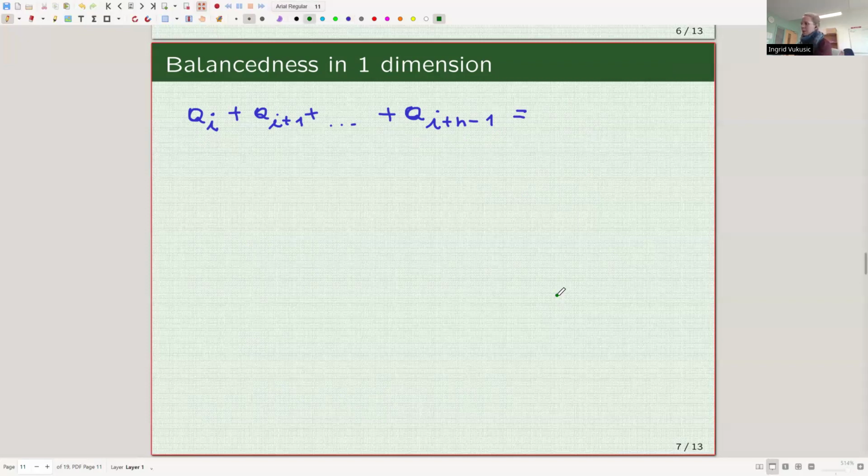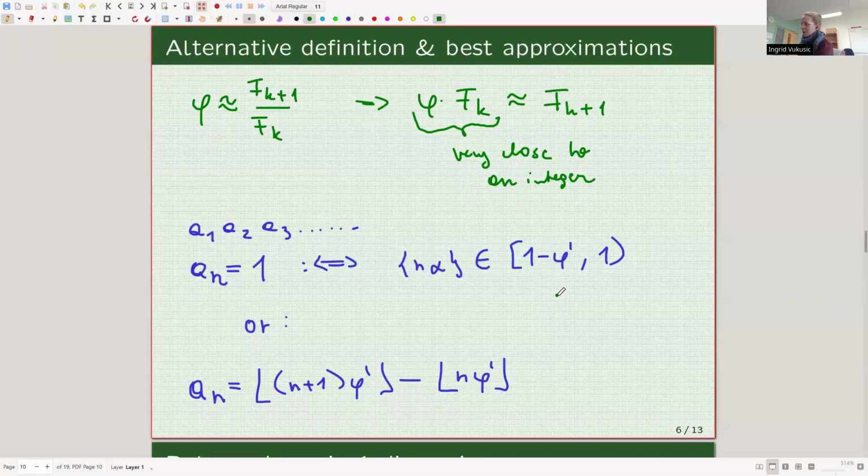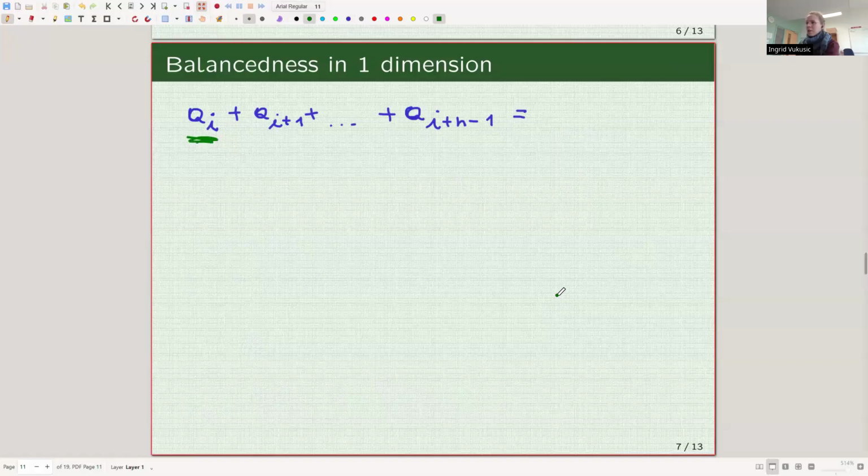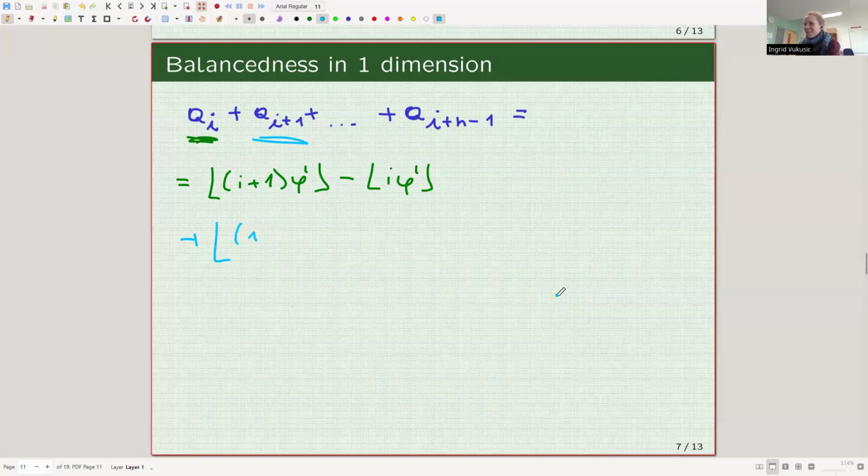And now I'm going to use the definition I wrote down previously, and we get for the first term just floor of (i plus 1) phi prime minus floor of i phi prime. And then for the second one, this is the only boring computation we're doing, floor of (i plus 2) phi prime minus floor of (i plus 1) phi prime, and so on.